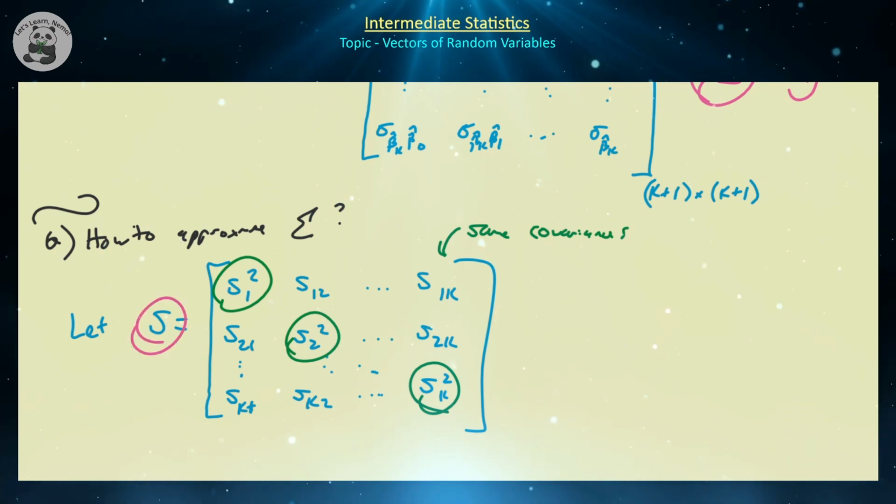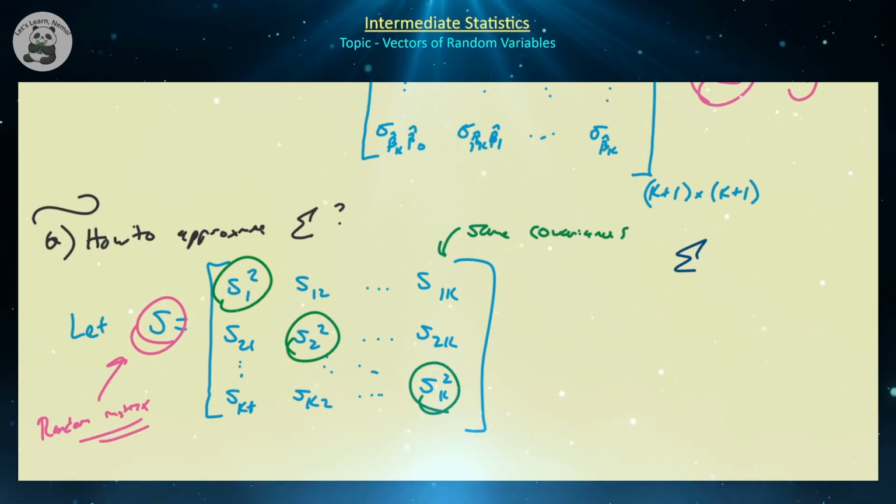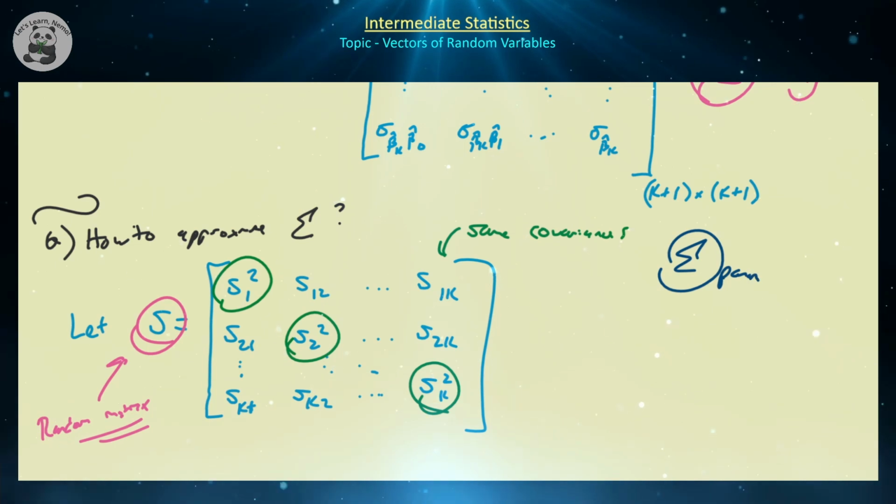So question, S is a random variable matrix, so this is a random matrix, and obviously sigma is a parameter matrix, and one appears to be an estimate for the other.